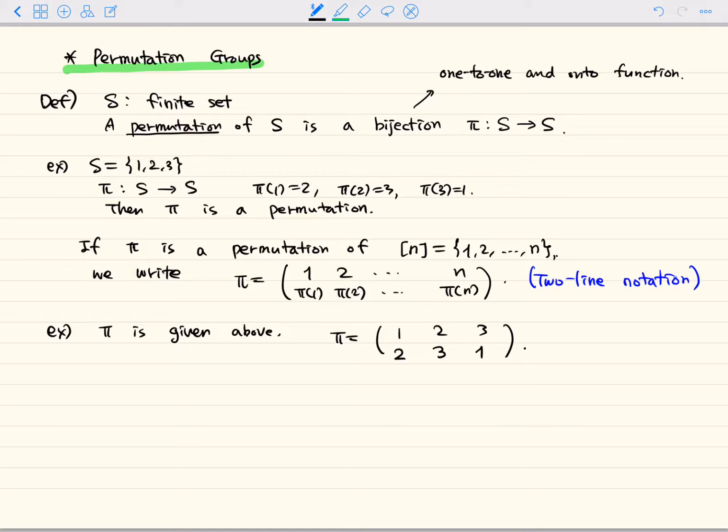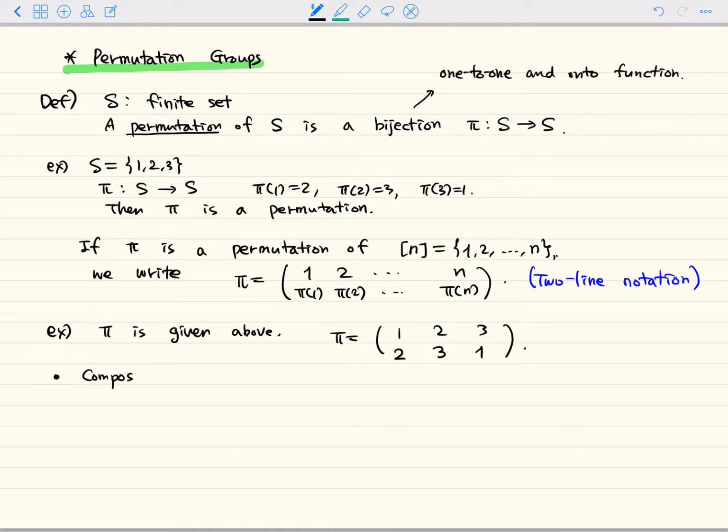So the first row is always 1, 2, 3 up to n in this increasing order, and the second row will represent pi. Okay, all right, and because pi is a permutation, we can consider compositions of them.